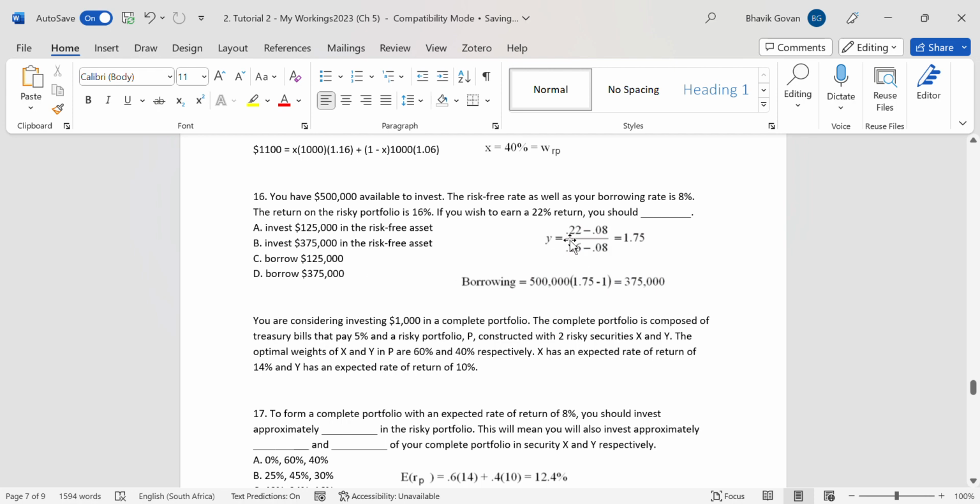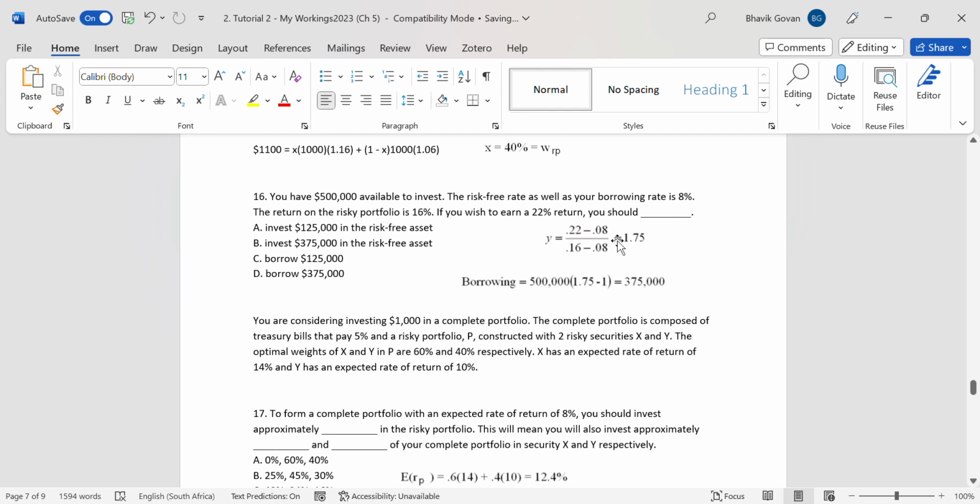So we should say y is equal to the 22% return that we hope to receive minus the borrowing rate or the risk-free rate of 8% over the 16% minus again the risk-free rate of 8% or the borrowing rate of 8%, and we get 1.75.